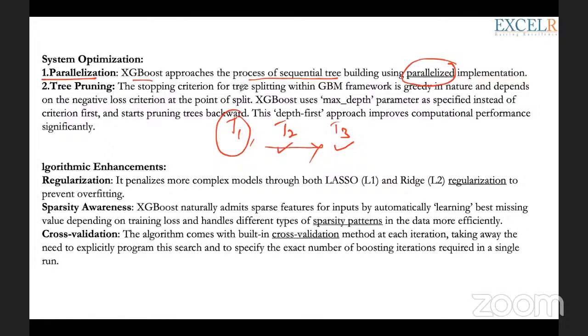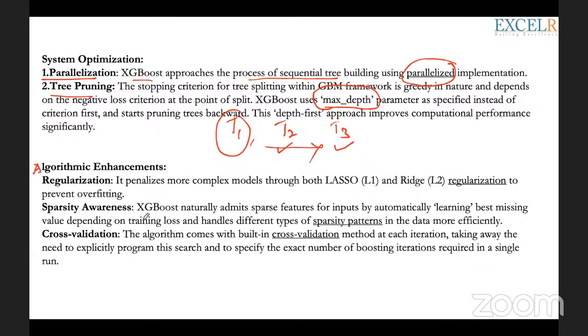That way, the time to execute over all the data points is optimized. It doesn't take much time in comparison to other sequential model building methodologies. So that is one of the system optimizations. And for tree pruning, we can use max_depth as a parameter to control the complexity of the model.